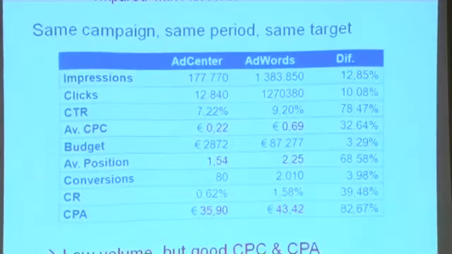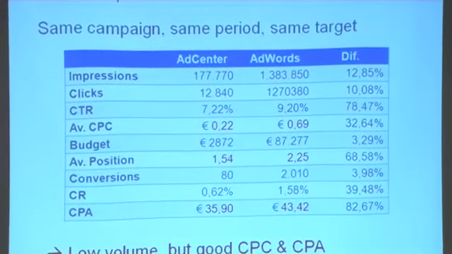Okay, now, as promised, this is a case study to compare results coming from the Ad Center and Google AdWords. We used here exactly the same advertiser with the same campaign, the same period and the same target, which is France.